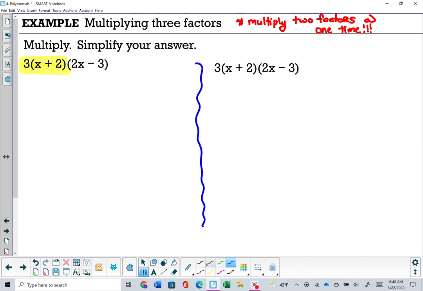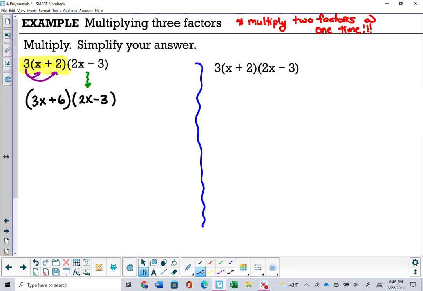So start off with distributing 3 to the x plus 2. That's going to give us 3 times x is 3x, and 3 times 2 is 6. So I get 3x plus 6. Now you want to bring down that third factor.